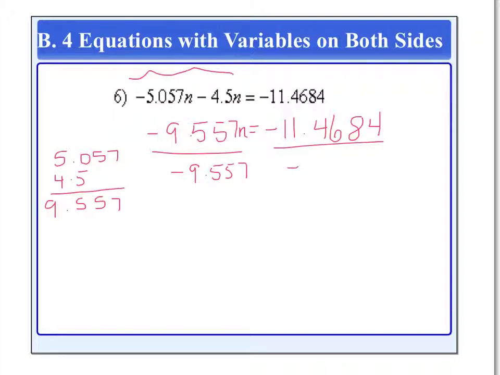Divide by negative 9.557. A negative divided by a negative is a positive. And when I do my division, I've got to divide negative 11.4684 divided by 9.557, and I get a positive 1.2. There we go.